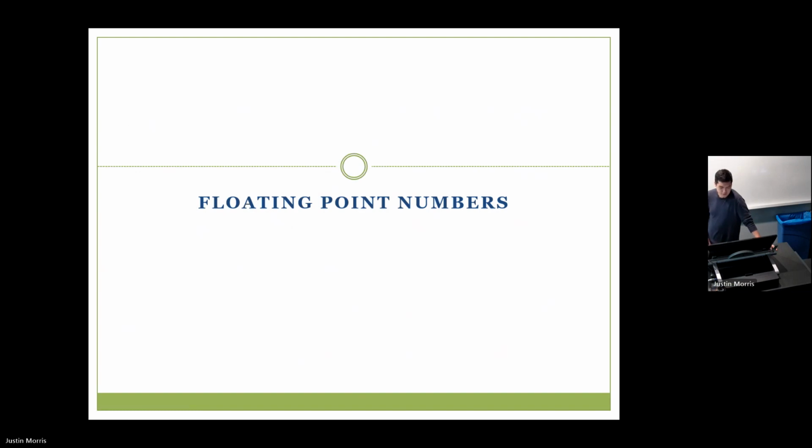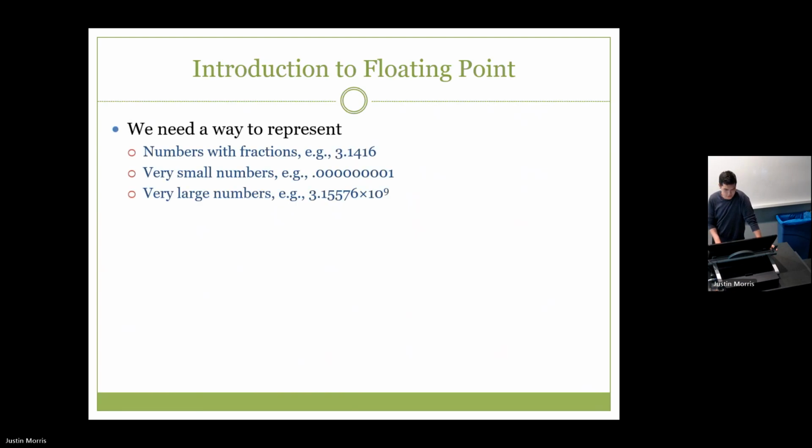So now we'll go into floating point numbers. So floating point is used for when we need to represent numbers with fractions, but more specifically, very, very small numbers, as well as very large numbers, because we already know that we can represent numbers with fractions with fixed point representation, right?